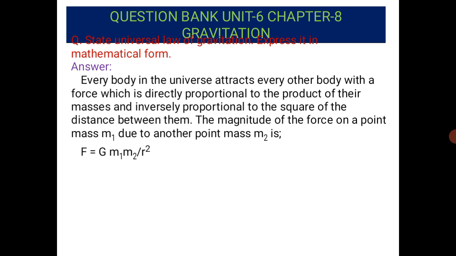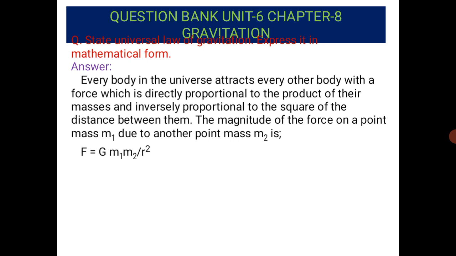So this force F is proportional to m1 m2 and inversely proportional to d square. Just by combining this we can write F equal to some constant into m1 m2 divided by d square. So what is this constant?